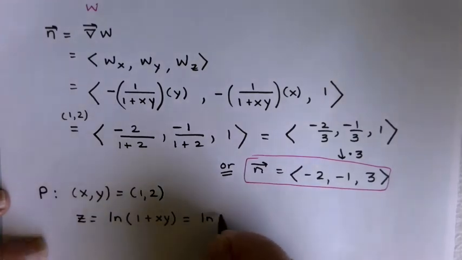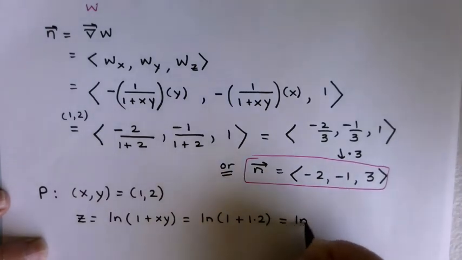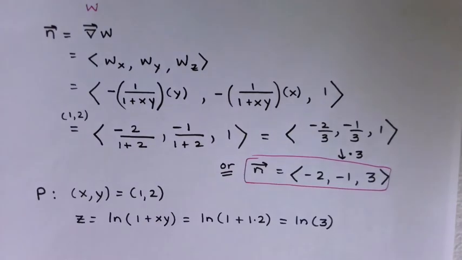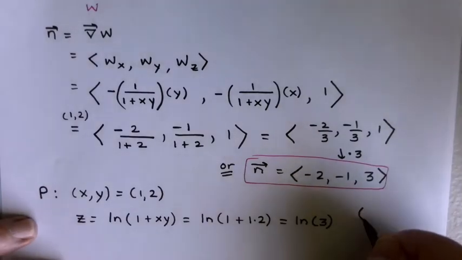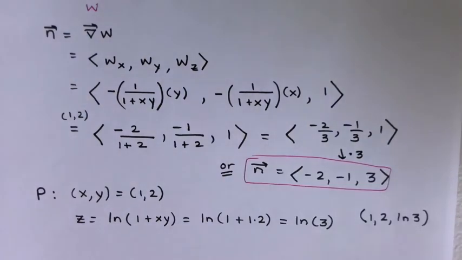So in this case, that would be the natural log of 1 plus 1 times 2, or the natural log of 3. For now, I'll just leave that there. I may change that to a decimal a little later on, but we'll keep it for now. All right, so my point is actually 1, 2, ln 3.